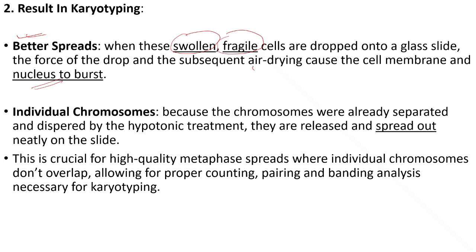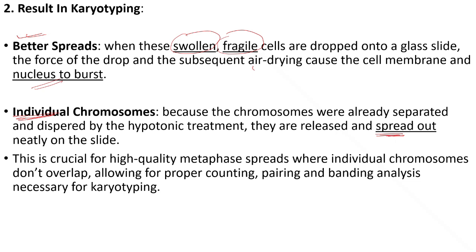And we'll get the individual chromosomes, because due to swelling of cells, the chromosomes are well spread, and when they burst onto the glass slide, we'll get better spread metaphase chromosomes.